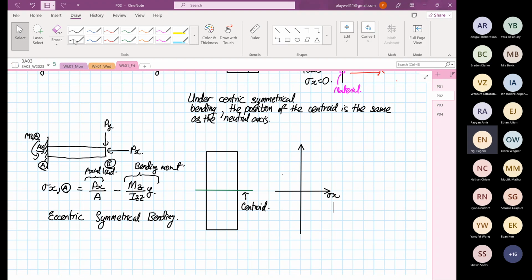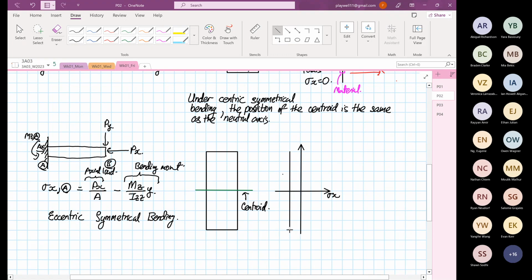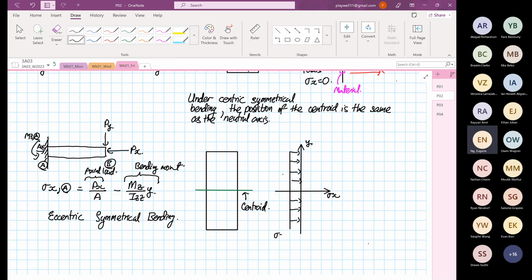So over here, this is our Y. What I'm sketching now is stress X equal to minus PX over A.